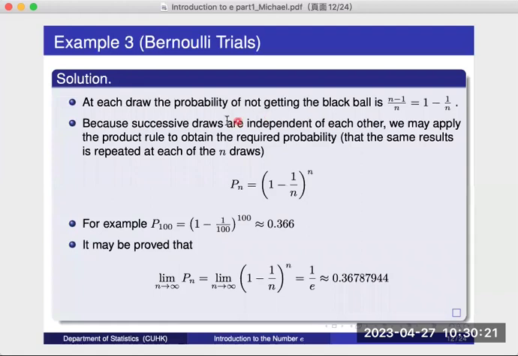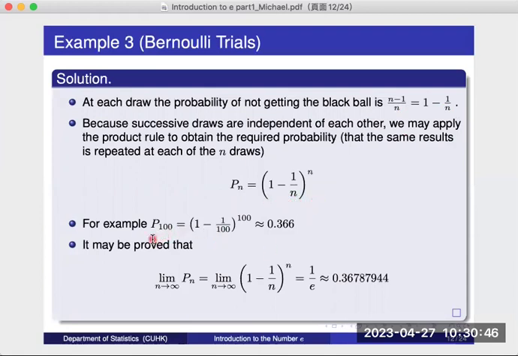To solve this problem, we use the product rule and the fact that successive draws are independent of each other. At each draw, the probability of not getting the black ball is given by 1 minus 1 over n. Therefore, the probability of getting the same result at each of the n draws is given by the expression (1 minus 1 over n) raised to the power of n.